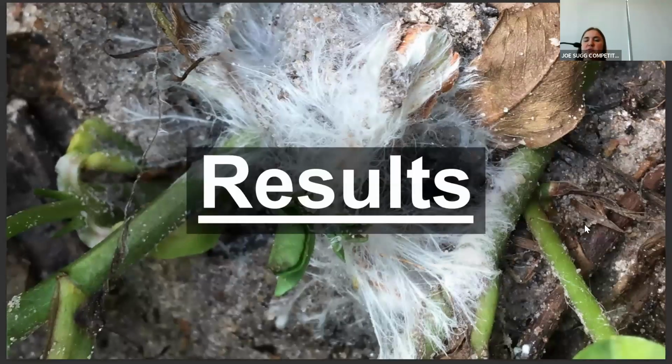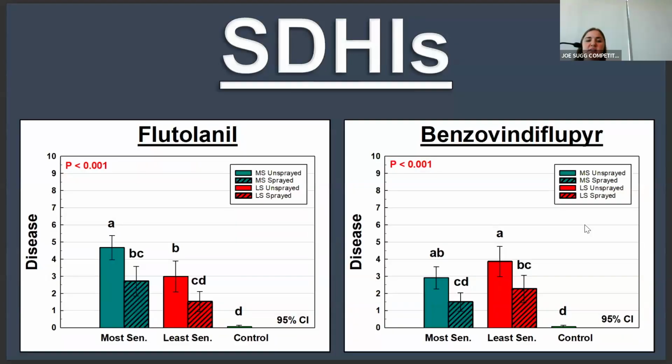All right, so moving into my results, we'll start first with the SDHIs. And on the y-axis, I'm showing you the disease scale. Again, 10 is dead, 0 is no disease. The color scheme is the same as before, where the most to least sensitive are blue and red respectively. This time, the shaded bars were the ones that received fungicides, and the ones that are not shaded did not get sprayed.